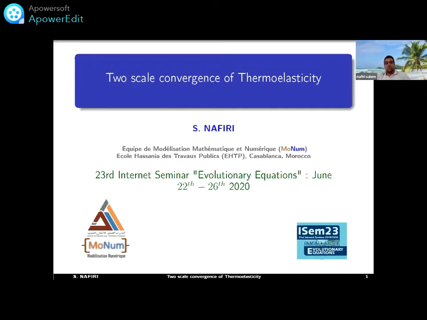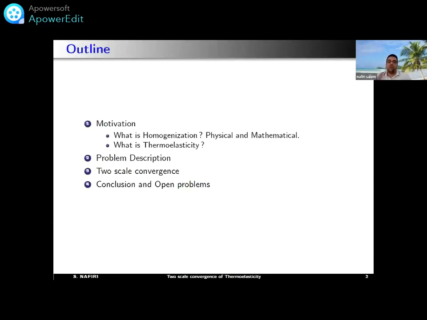Okay, so my presentation will be on two-scale convergence of thermoelasticity. So two-scale convergence is a special method from the class of homogenization. So the plan that I will follow throughout this talk is the following. First, I will start with homogenization, in which I will explain why people are interested in homogenization from two perspectives, a physical perspective and a mathematical one.